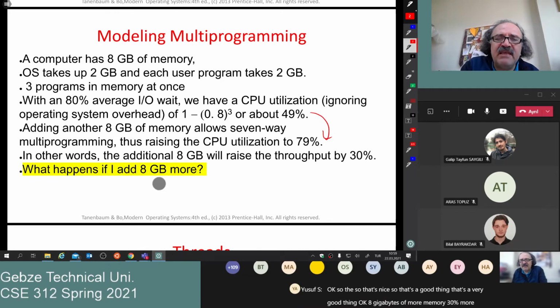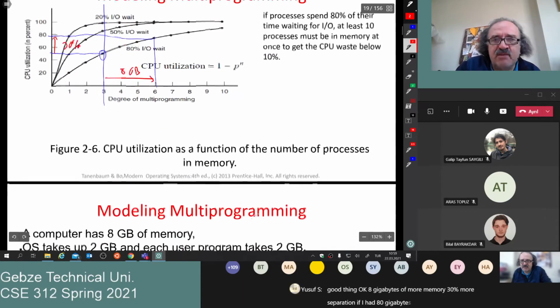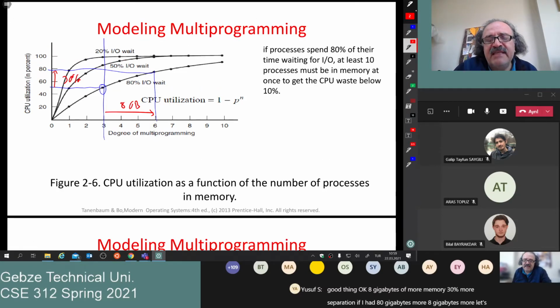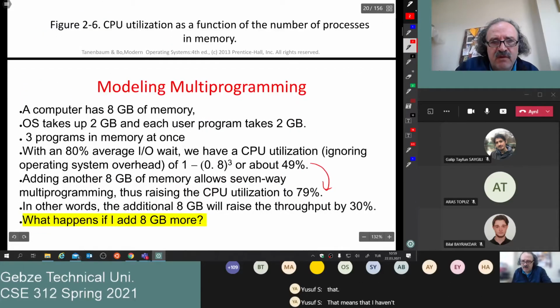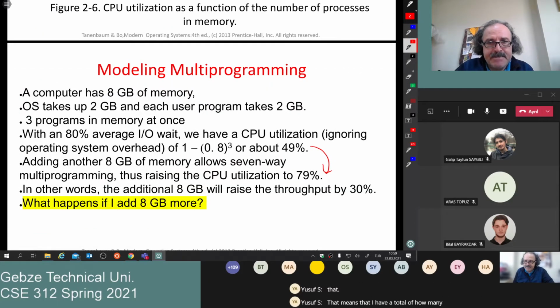If I add 8 gigabytes more, let's do that. If I add 8 gigabytes more, how many processes can I run now?